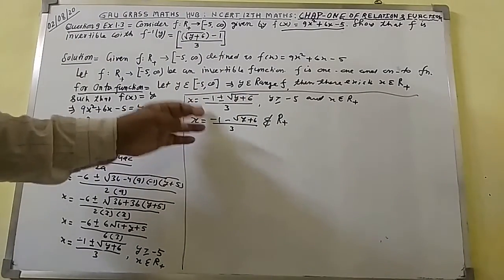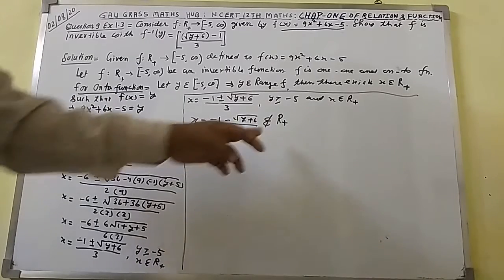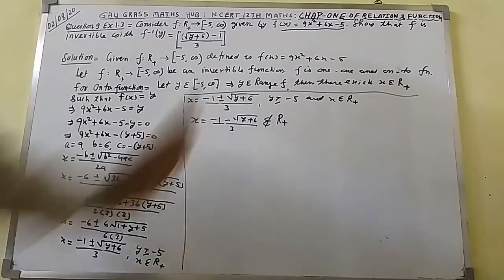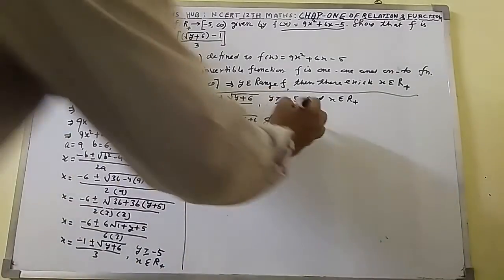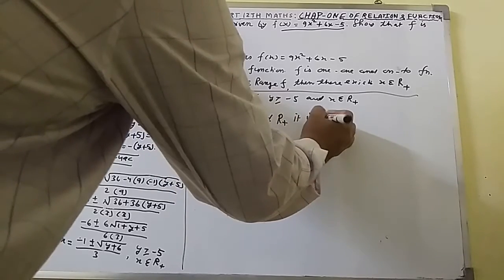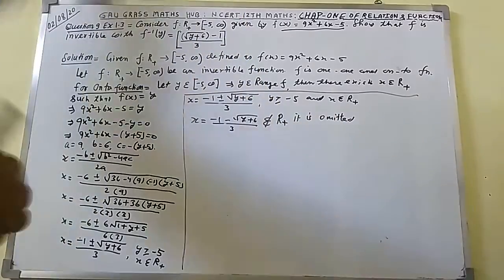X equal to minus 1 minus under root y plus 6 can't belong to the set. So this will be omitted. It is omitted.